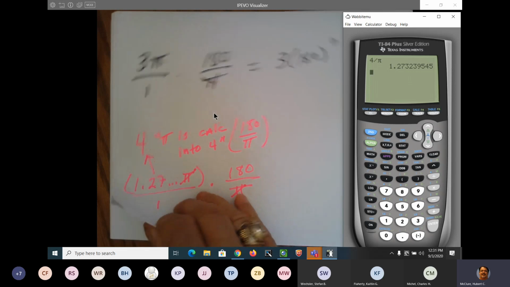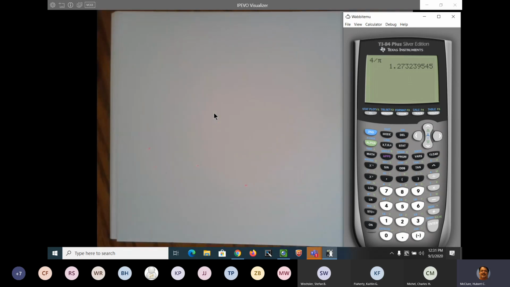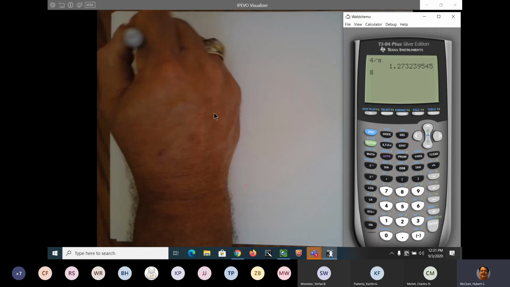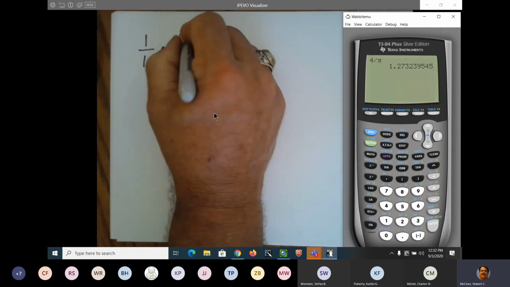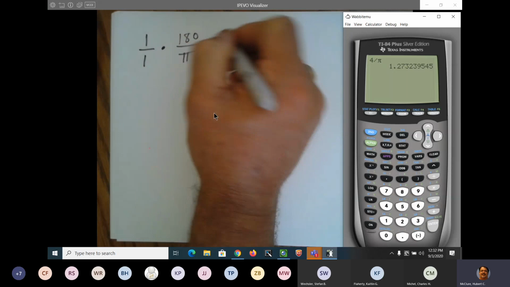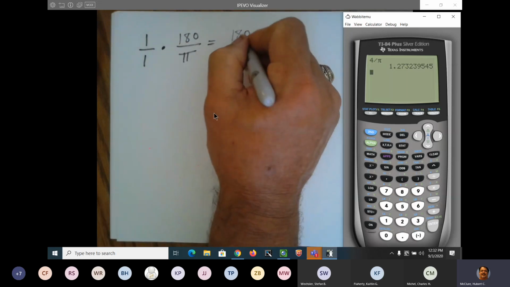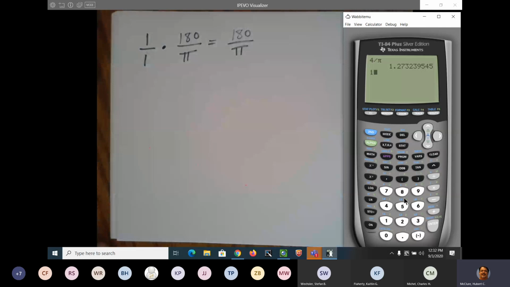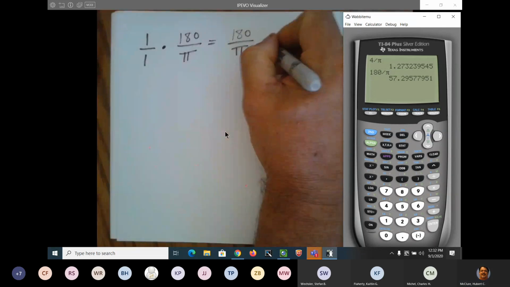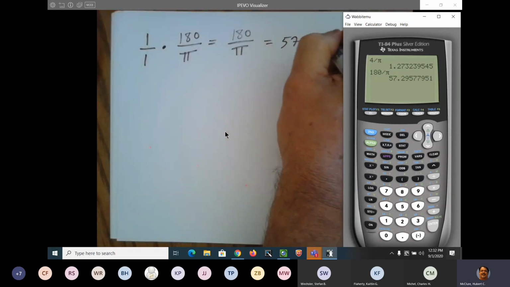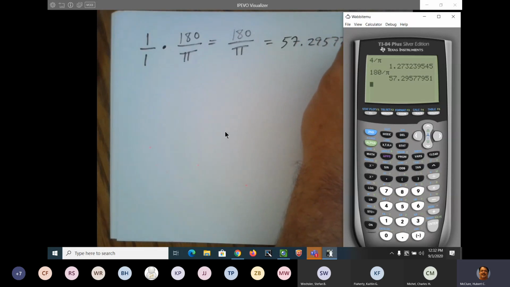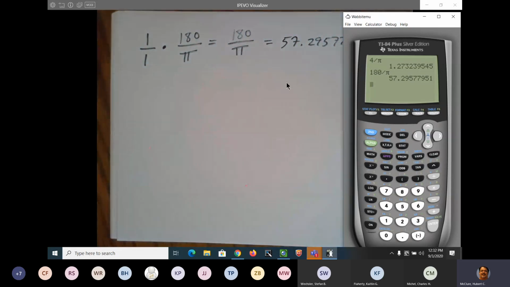So that means that 1 has a pi in it. So 1 over 1 multiplied by 180 over pi gives us 180 over pi, which if you divided that, you would get 180 divided by pi, and that would give you 57.2957791 degrees. And then you would change that. So I minus 57 and multiply that by 60.